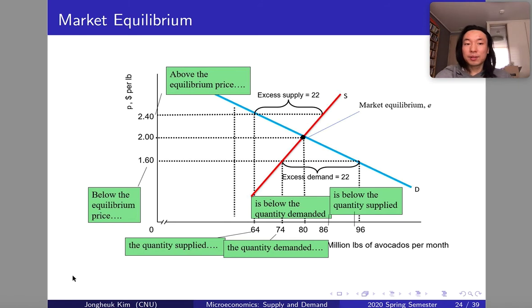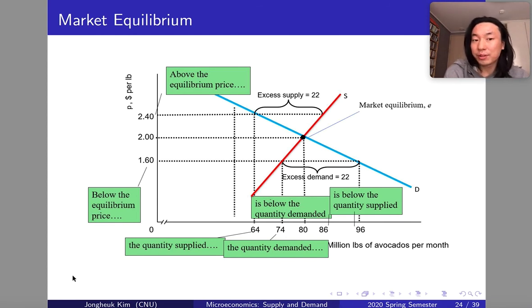The first case is at the price level of $2.40, which is a little bit higher than the equilibrium price level. At that price level, the quantity supplied is greater than the quantity demanded, which means that excess supply is 22 units.